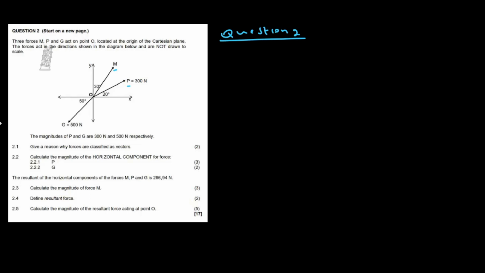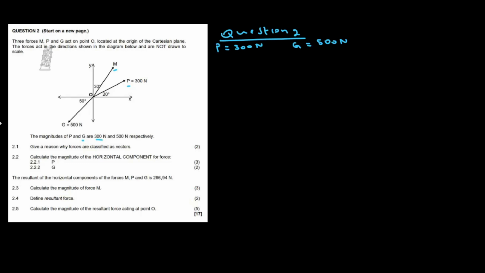It is further given that the magnitudes of P and G are 300 newtons and 500 newtons respectively. So P equals 300 newtons, and G equals 500 newtons.